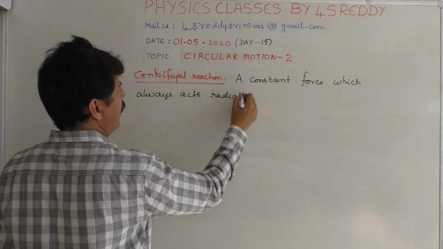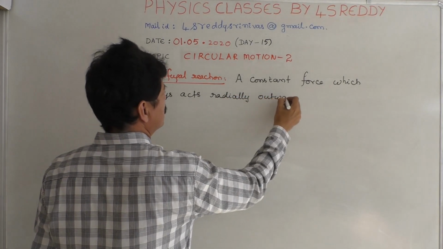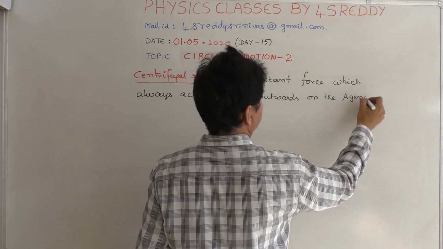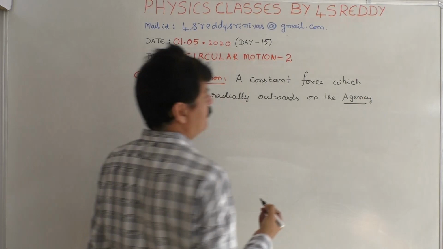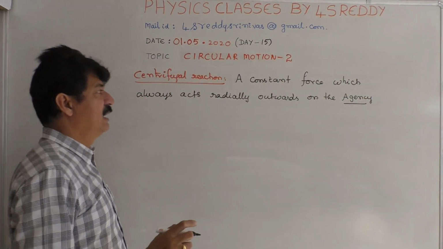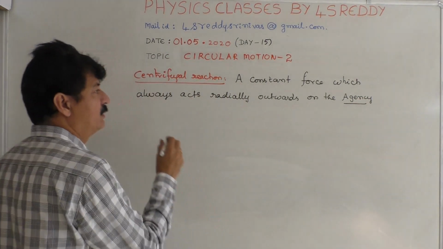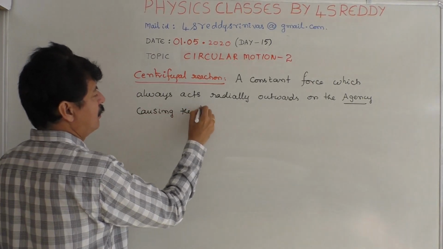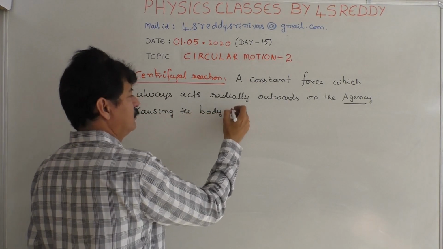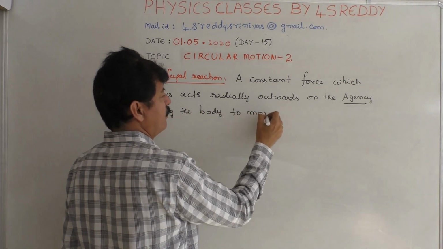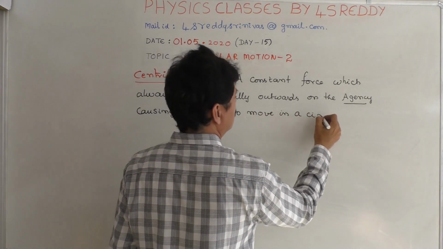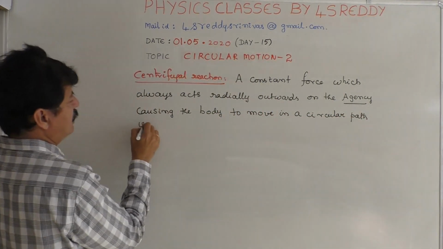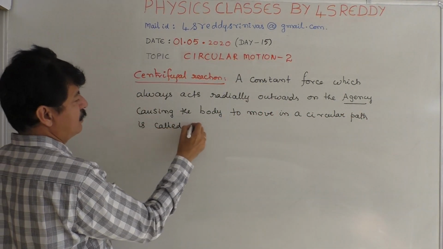A constant force which always acts radially outwards on the agency, causing the body to move on a circular path, is called centrifugal reaction.